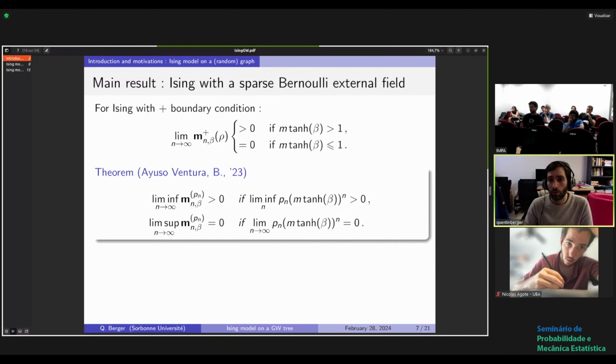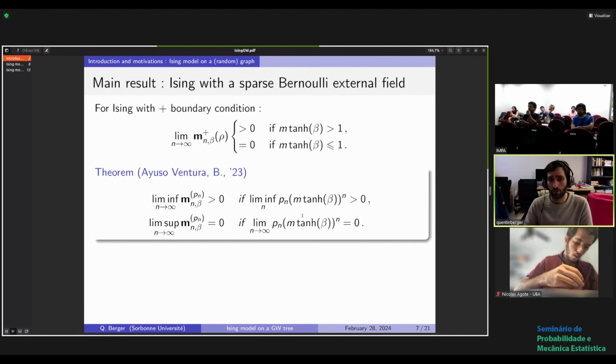If Pn times this parameter to the n remains positive in the limit, then the root remains magnetized, and if it goes to 0, then the magnetization of the root goes to 0. So it means that you can take Pn going to 0 exponentially fast, but with an exponential decay rate which cannot be too fast.